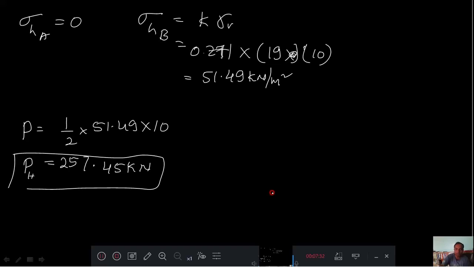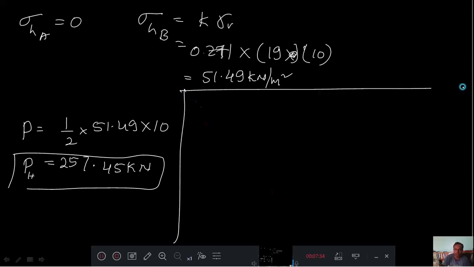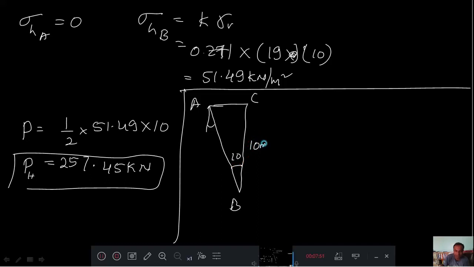Now for PV, what do I have to do? For vertical stress, this triangle is there here. This is A, B and C. This angle is 10 degree because the given 10 degree means this is 10 degree. Then this height is 10 meter. Then I have to use which trigonometric function? Tan theta.